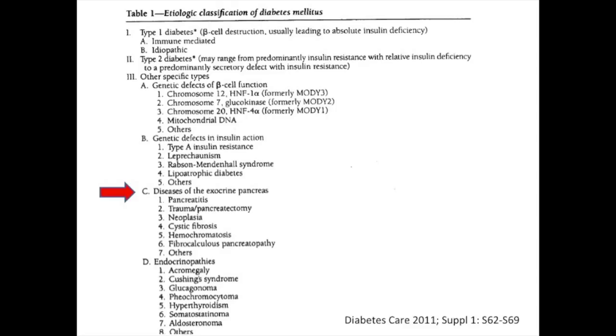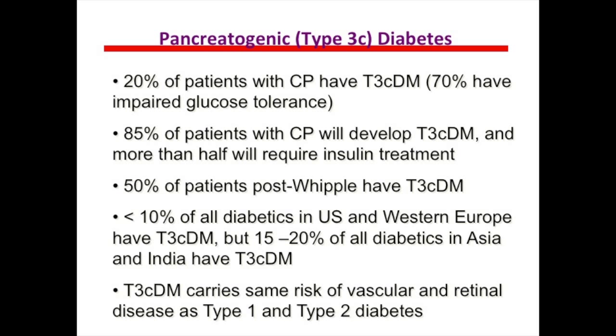to endocrinopathies. But if you'll notice, there's type 3C, which is diabetes due to diseases of the exocrine pancreas, including acute and chronic pancreatitis, trauma, surgical resection, tumors, cystic fibrosis, hemochromatosis, fibrocalcific disease, etc. So pancreatogenic is a title that a lot of people understand, but 3C is the designation that the purists are using increasingly, and we think it's a good idea because it emphasizes the fact that there's more than just two types of diabetes.